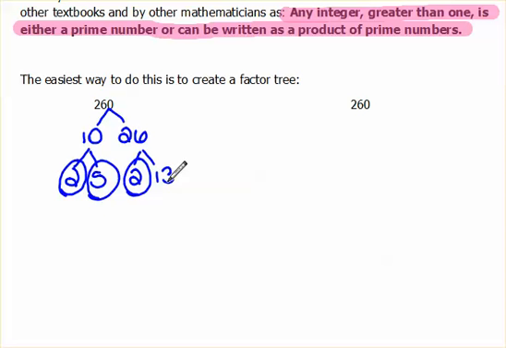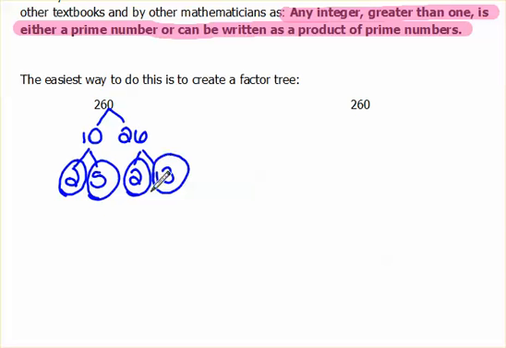It's not divisible by 4 because the last two digits are not divisible by 4. It's not divisible by 5. Since it wasn't divisible by 2, it can't be divisible by 6. And it's not divisible by 9 or 10. So this is a prime number. There is nothing. 13 is a prime number.